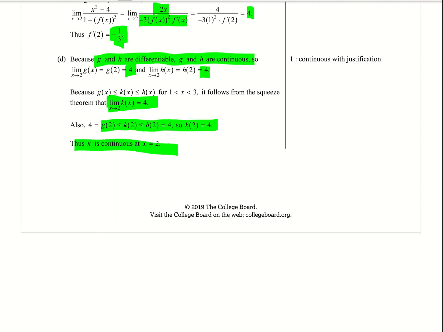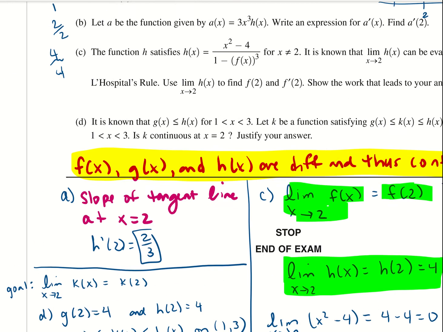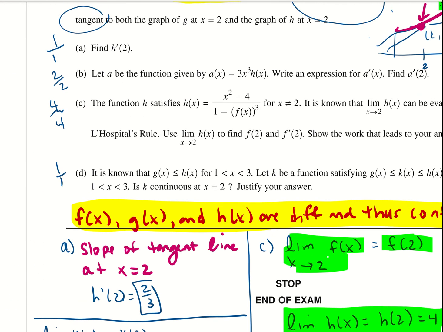We have to say then that since K is between those, K of 2 is equal to 4. And we also had to say that its limit was equal to 4. And since those are the same, therefore it's continuous. We did it. So we got 1 point for all of that. And we got our 9 points there. All right, that is the end of our video.